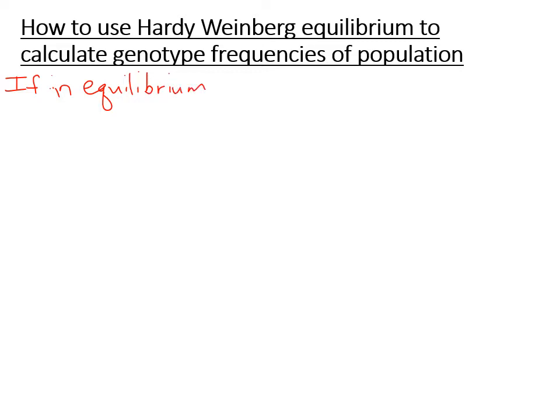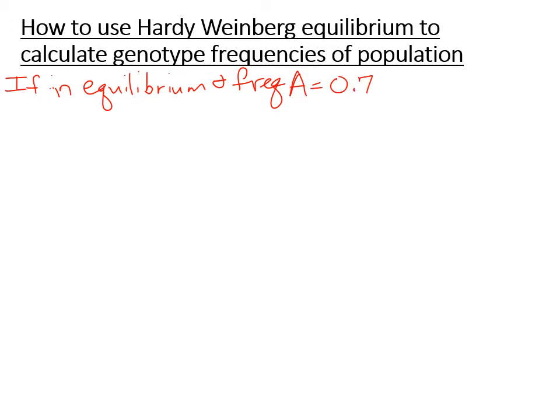Okay, and I'll give you frequencies of both alleles, or I could even give you the frequency of just one of the alleles, and automatically you should be able to know the frequency of the other. So for instance, I could say if in equilibrium and the frequency of the dominant allele, capital A, is equal to 0.7.